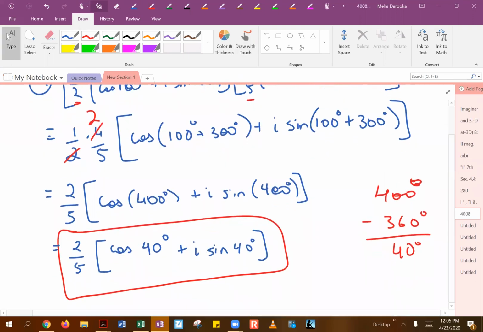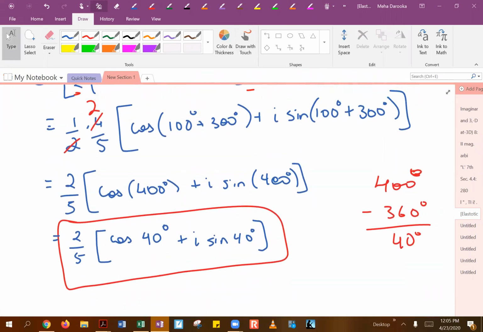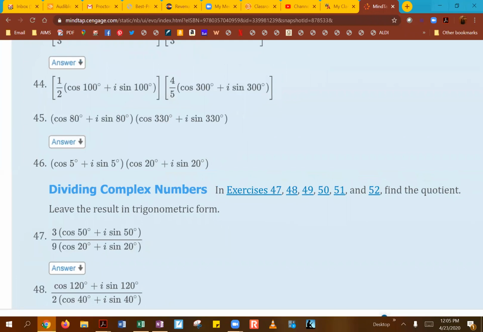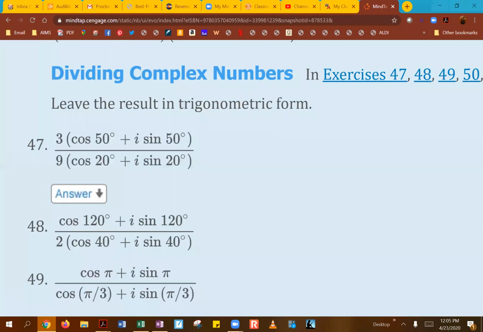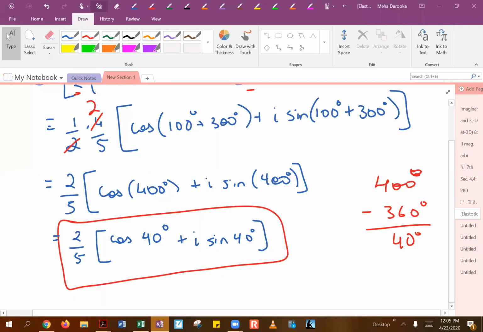Did any of you have any question on this? Okay, so for the next one, our instructions are find the quotient, and again, leave the result in trigonometric form. So for the quotient problem, let's look at number 50 over here.